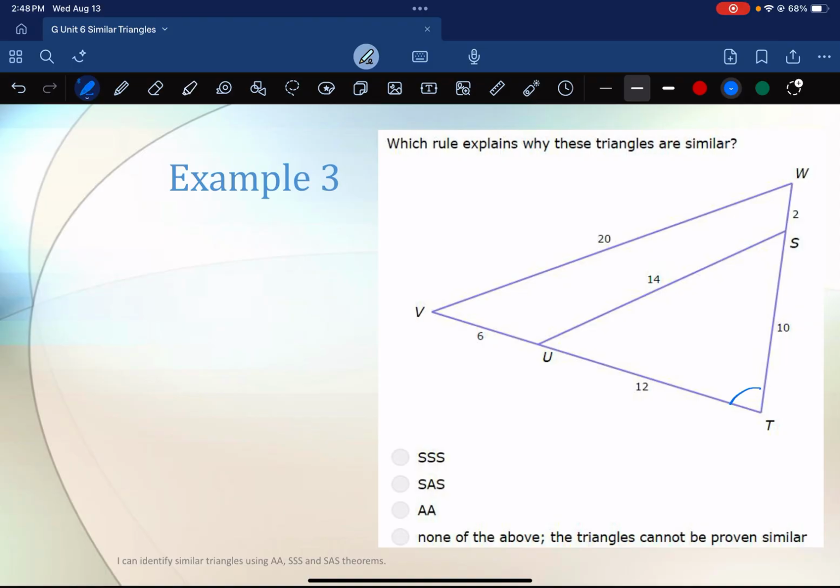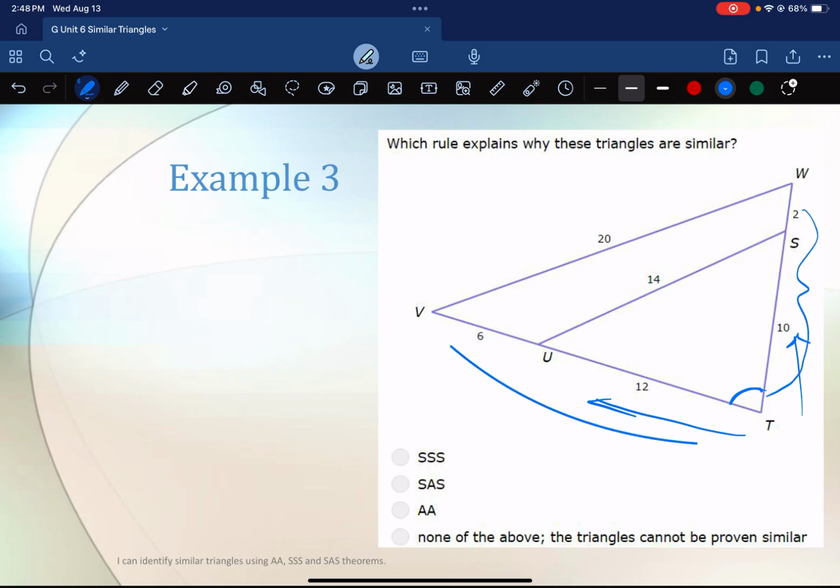Well, these 2 triangles do share angle T. So then I've got to use the fact that they've labeled sides for me to figure out if these 2 triangles are similar or not. So I have to use these 2 sides that form angle T. So I need to use the 12 and the whatever that is, and the 10 and the whatever that is.